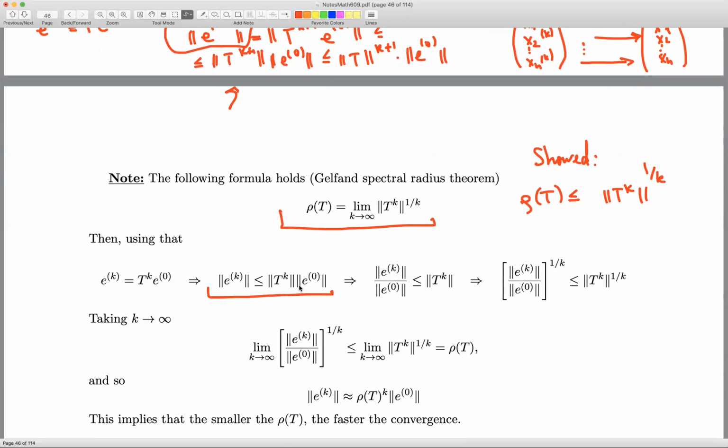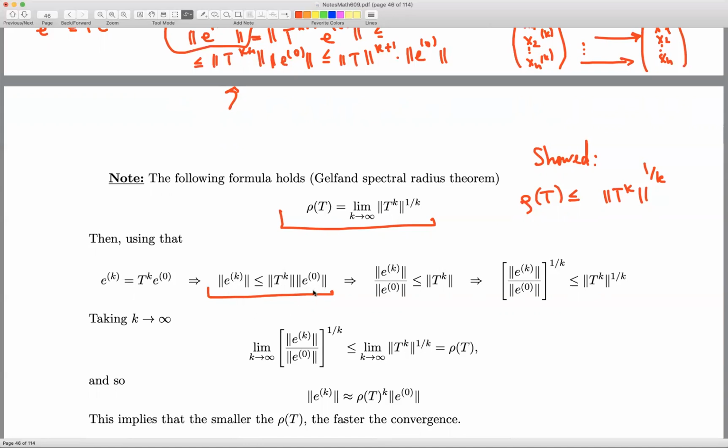So now if we assume that e0 is different from the 0 vector, because if e0 is the 0 vector, we were so lucky that the initial guess was our exact solution, which is possible but not very probable, then e0 will in general be different from 0, and therefore the norm of e0 will be different from 0.